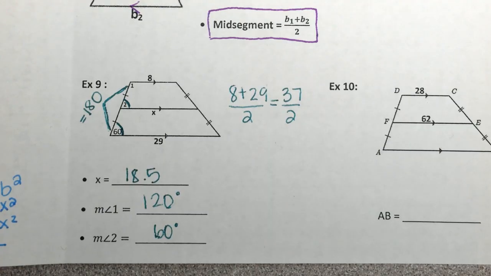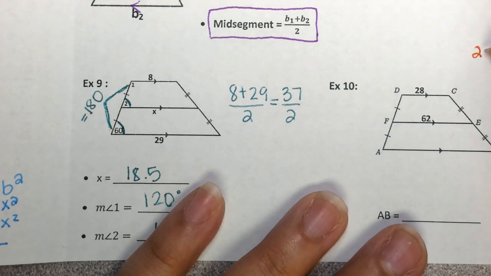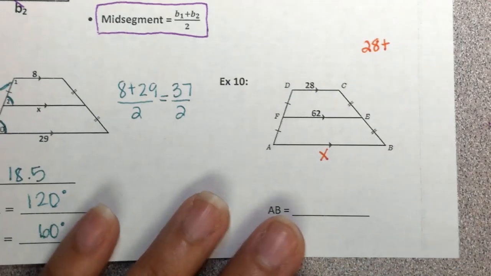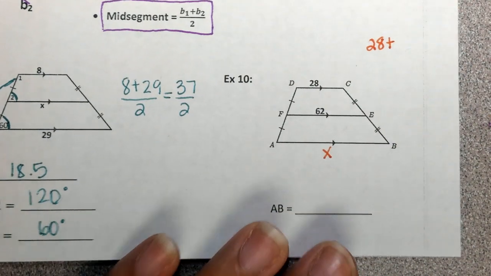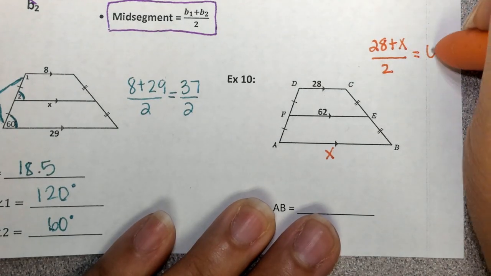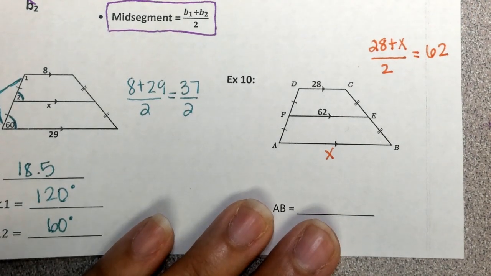Okay. Number 10. I'm going to show you 2 ways to do this. Look up. The mathematical way. Do you agree 28 plus X, I'm going to call this X on the bottom, divided by 2 equals 62? Y'all agree that's the formula?